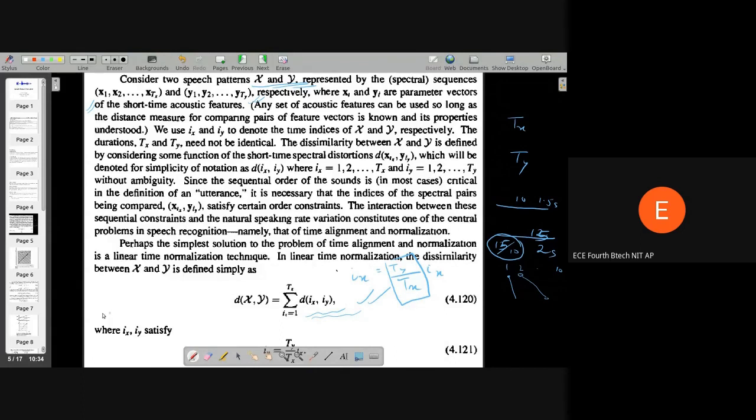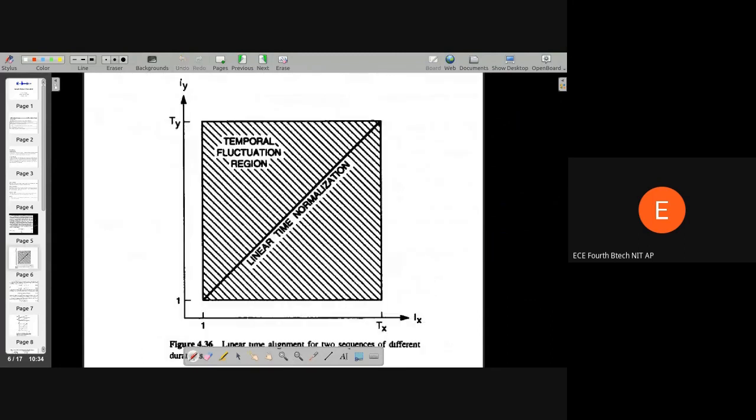This will be called your linear time alignment. This is not dynamic, this is linear time alignment. But obviously, this is not going to work out very well. There are too many variabilities, too many independent factors changing, which impact the speech signal or any sequence. So we need another way to compare.